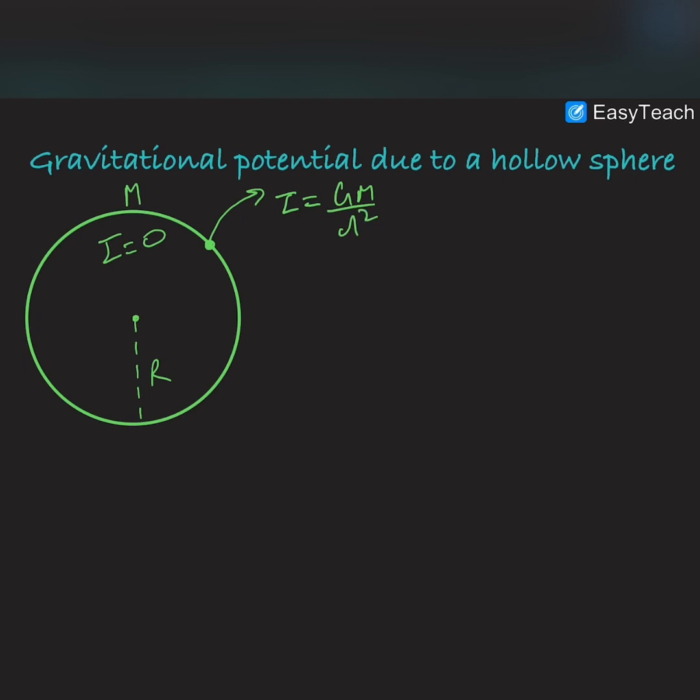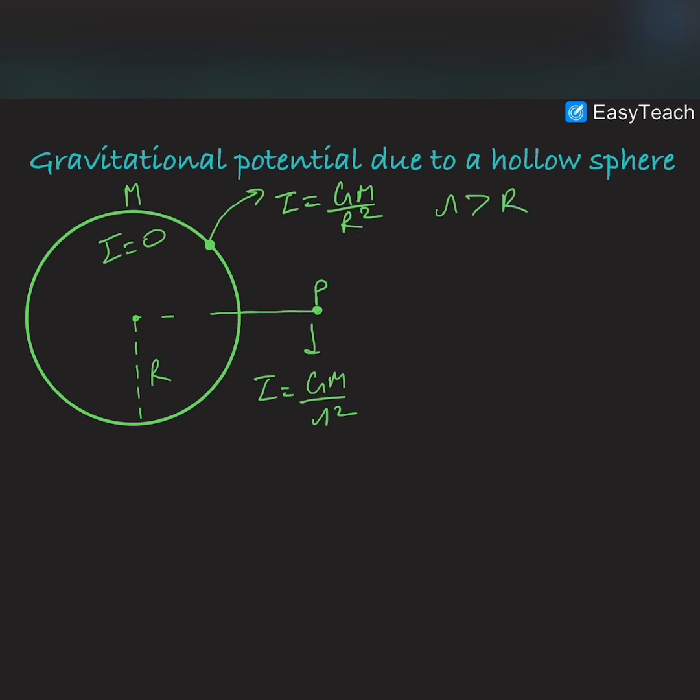Obviously I'm talking only about the magnitude, and this R would be the radius of the sphere, so it would be capital R. And at some point away, the gravitational field intensity would be I is equal to GM by r square. So let us find out the gravitational potential at this point P, which is outside. So the first case is when r is greater than R.